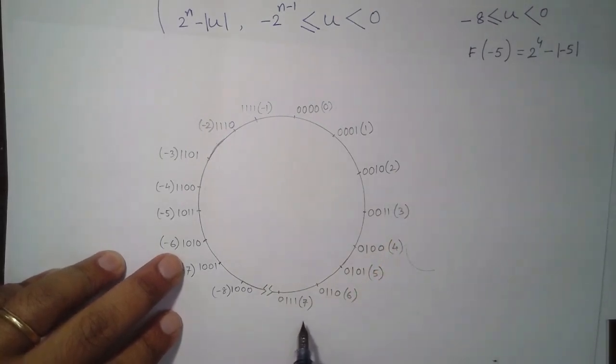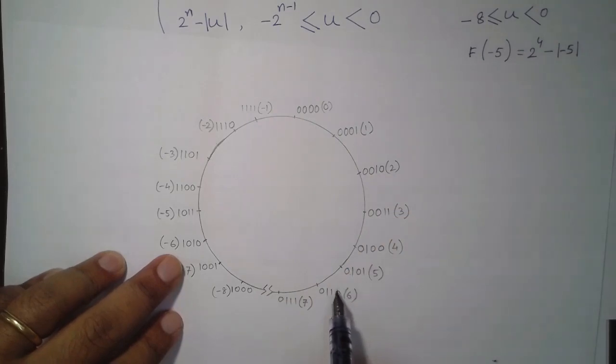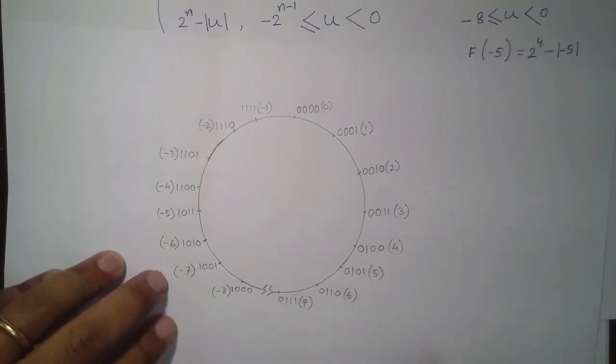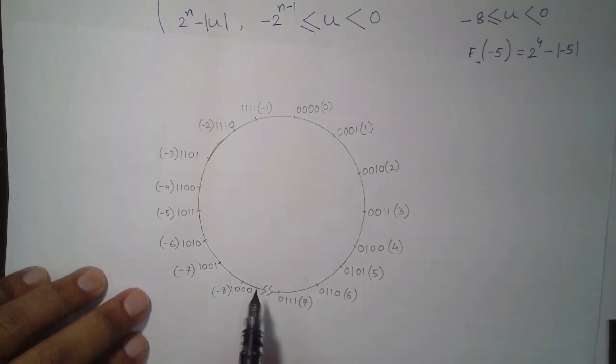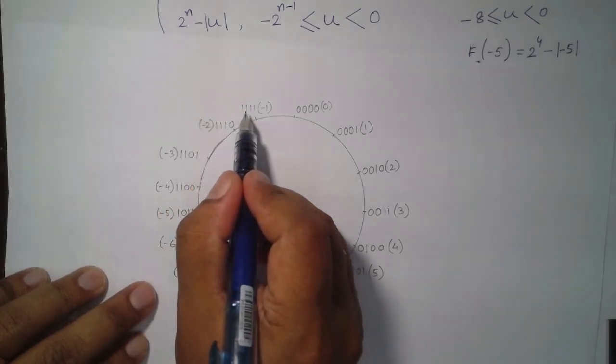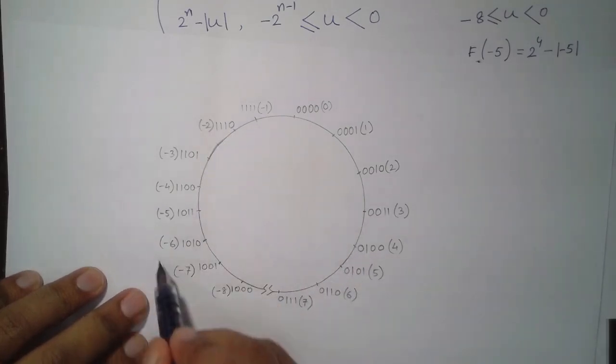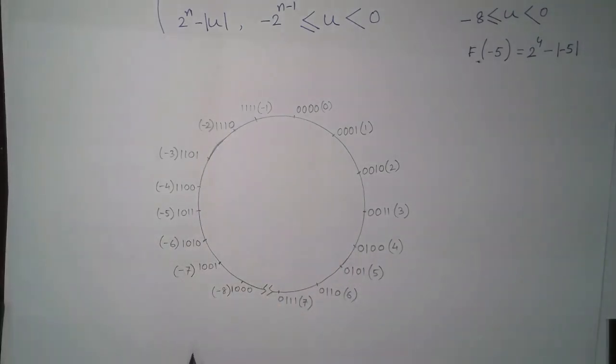If you look at the number circle, the positive numbers are 0, 1, 2, 3, 4, 5, 6 and 7, and all their MSBs are 0, which is consistent with the concept of sign bit. Now, if you look at all the negative numbers, their most significant bit is 1. So this is also consistent with the introduction of the sign bit in the binary representation.